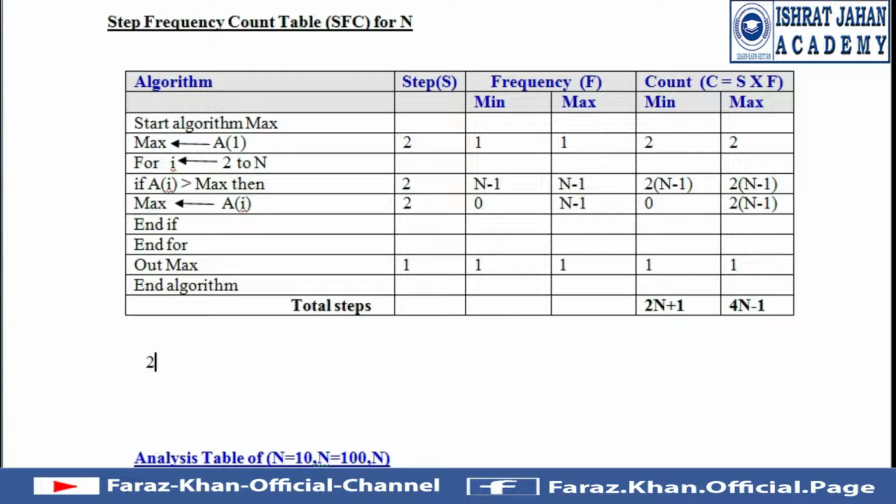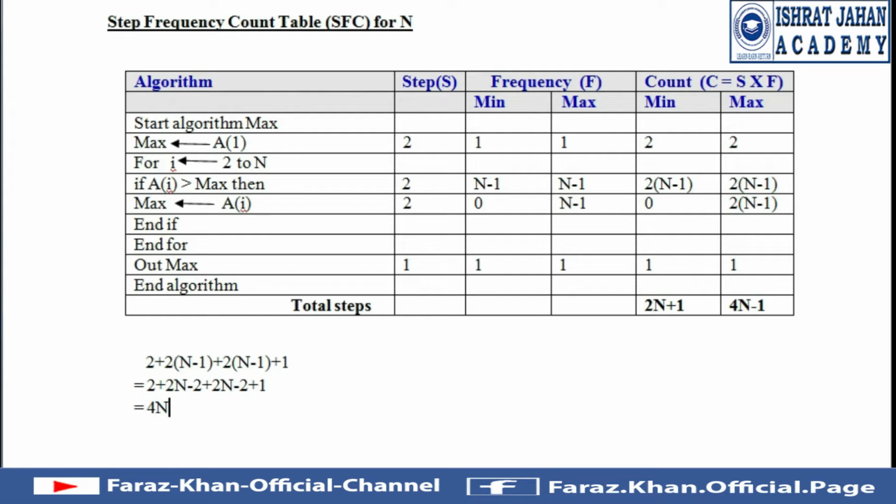Now let me solve the maximum part. 2 plus 2 into n minus 1 plus 2 into n minus 1 plus 1. Now 2n plus 2n is 4n, plus 2 minus 2 minus 2 plus 1.